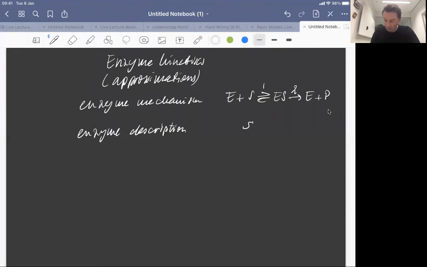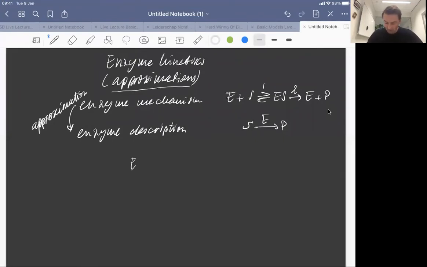So we want to go to a description that goes like this. In order to do that, we need to approximate, and the field of enzyme kinetics gives you these types of approximations.